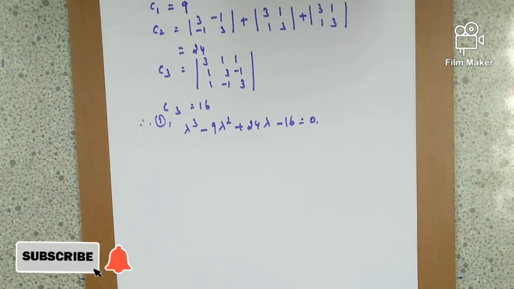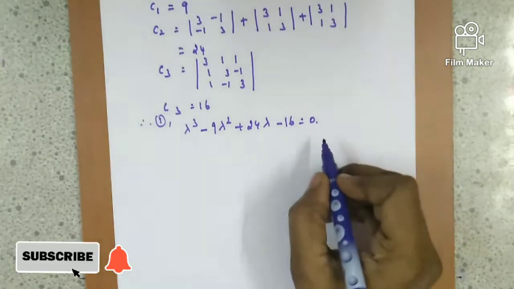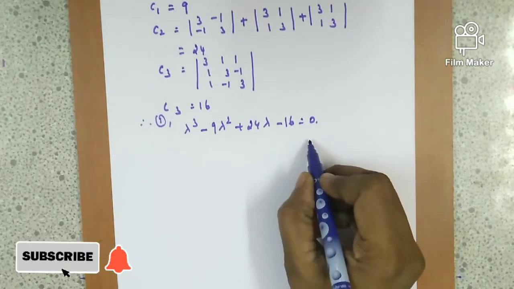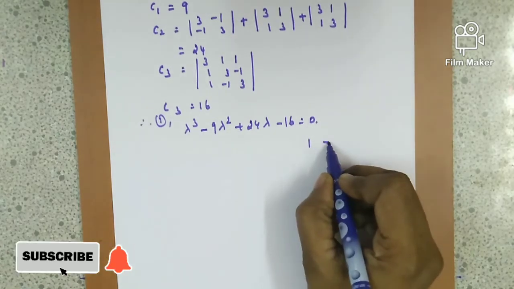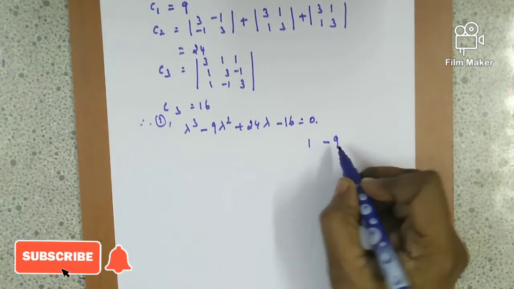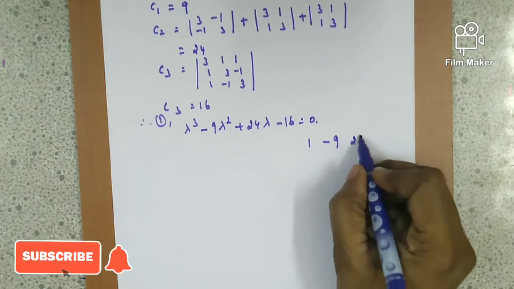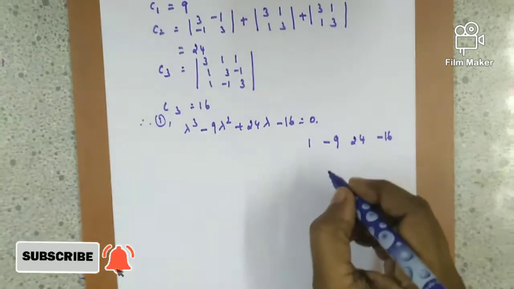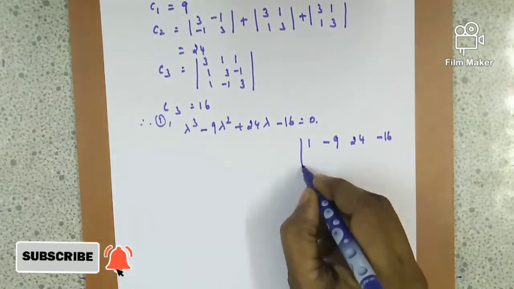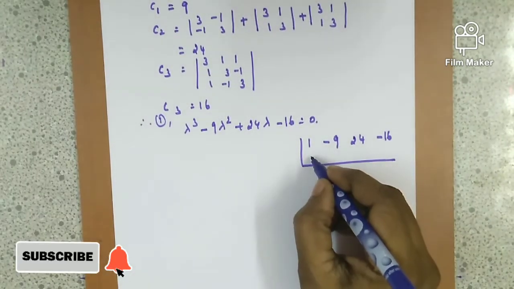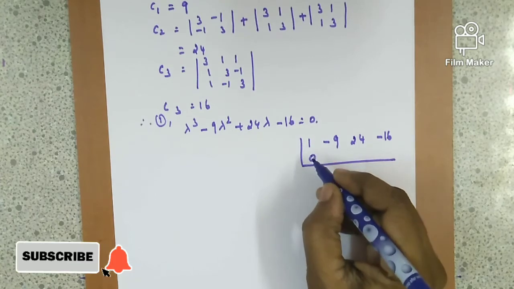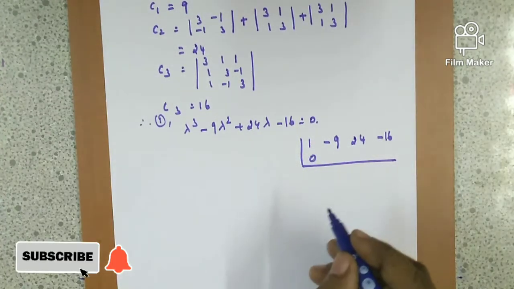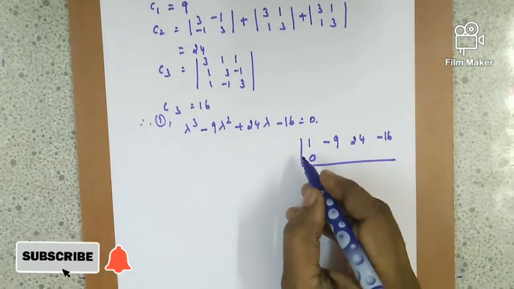We can solve this equation by synthetic division. The coefficient of lambda cubed is 1, the coefficient of lambda squared is minus 9, the coefficient of lambda is 24, and the last one is the constant. For synthetic division, first we have to make the remainder 0. Always we have to check for plus 1, minus 1, plus 2, minus 2 like that.